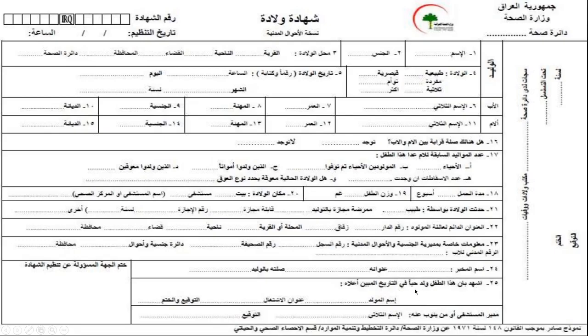So أشهد بأن هذا الطفل ولد حيا في تاريخ المبين أعلاه. You say, I witness that this child was born alive on the date shown above. Okay, it's right here, the information right here, which is, I forgot where it is exactly, but it's basically around here, I guess.